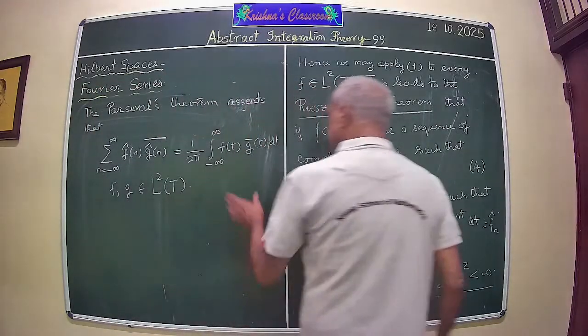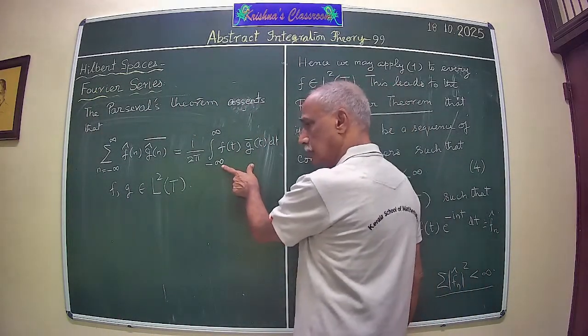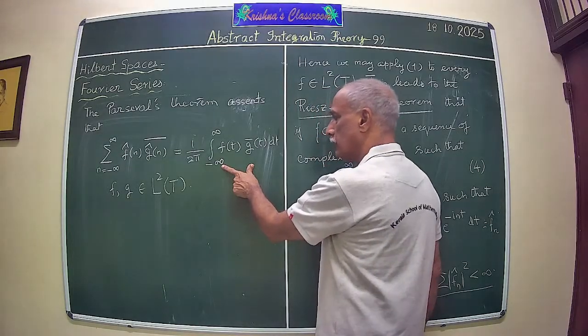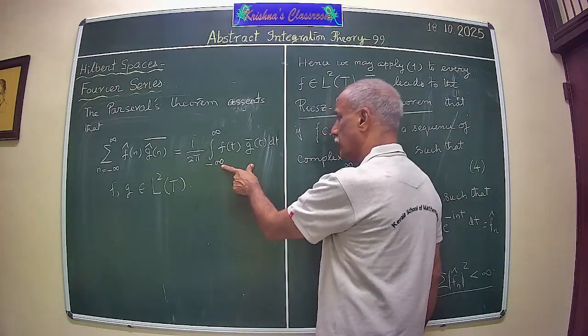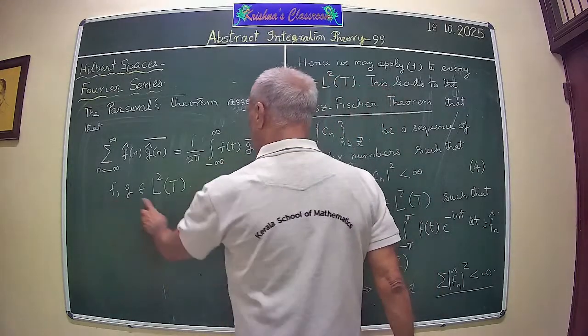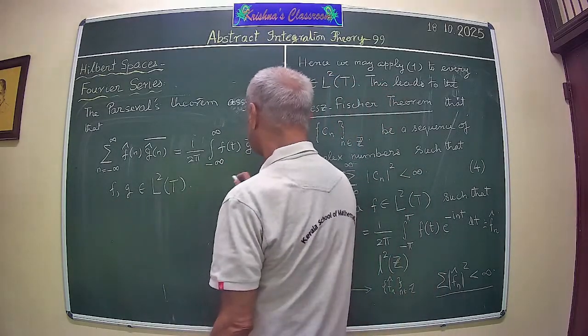Now you can show that this integral exists because if you just use what is called the Schwarz inequality, because you know that both f and g belong to L2, therefore this is true.